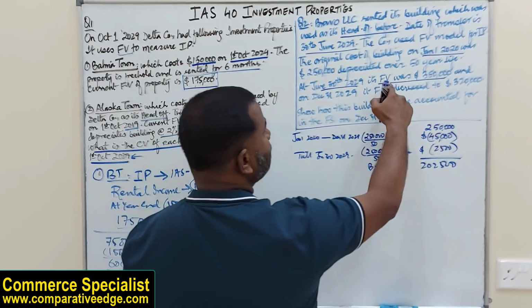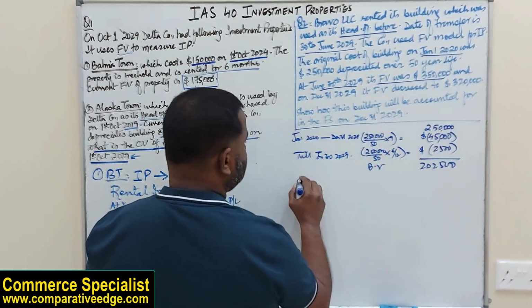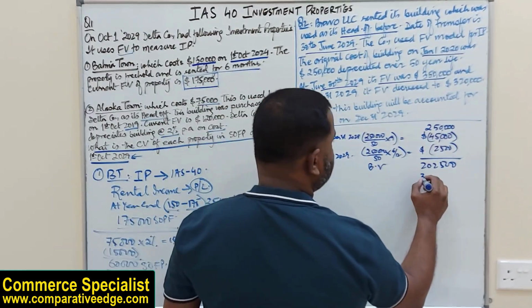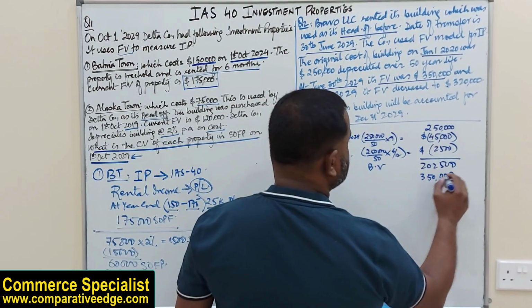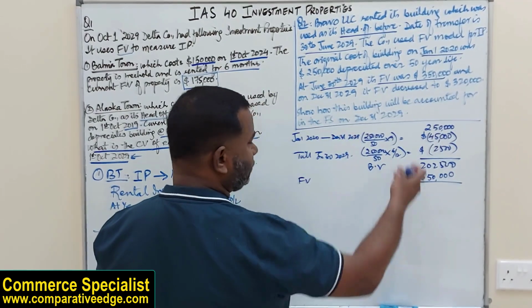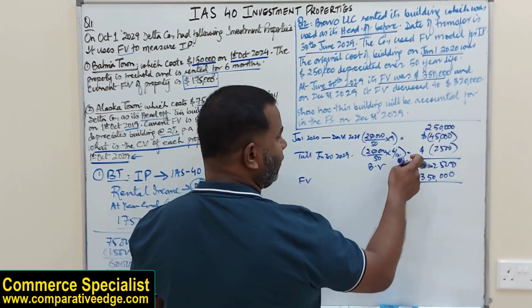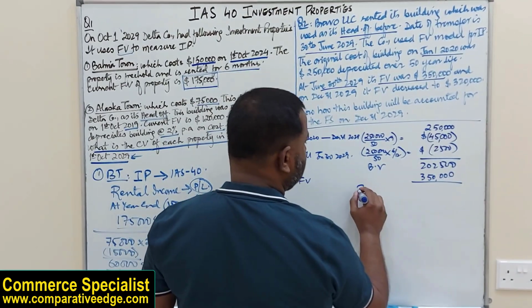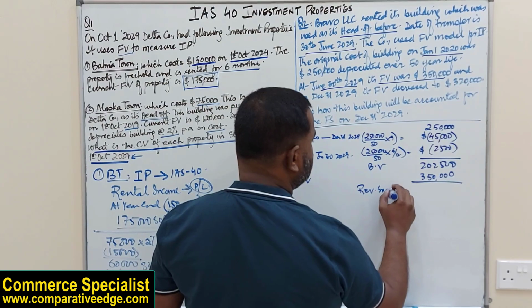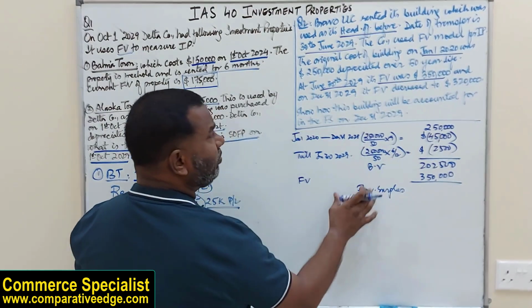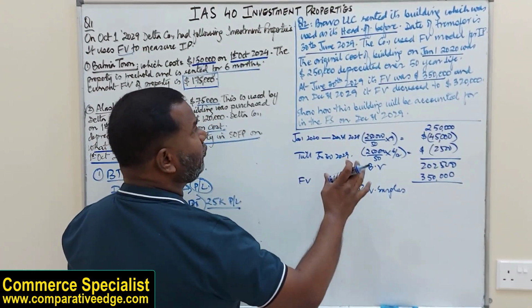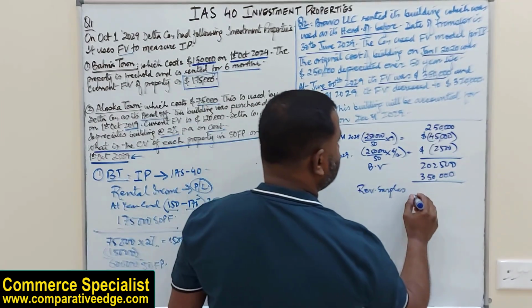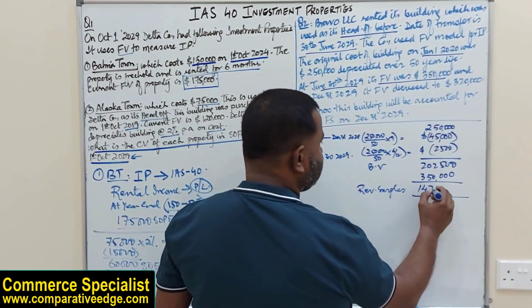So at the date of change of use, the fair value was 350,000. Because you're using revaluation model, the difference between book value and fair value will go to revaluation surplus, because up till now, the building has been used for the company, owner occupied. So it's 147,500.